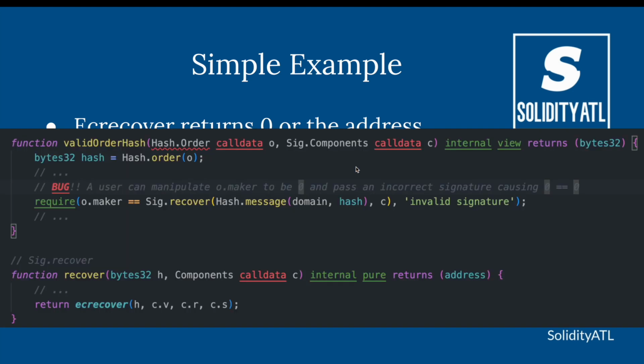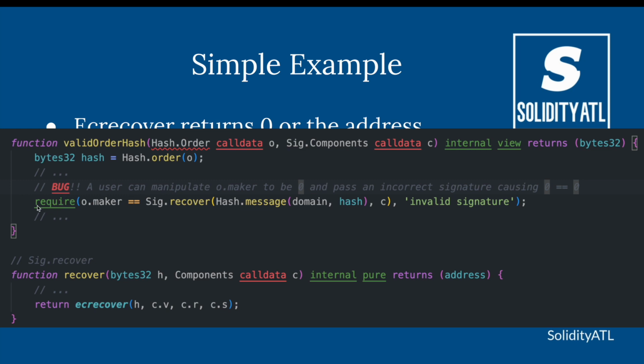So let's take a look at this. We have this valid order hash function, and you submit a hash order and the signature components. What this does is it takes recover, which uses ecrecover to take the signature and validate if it is a valid signature or not.